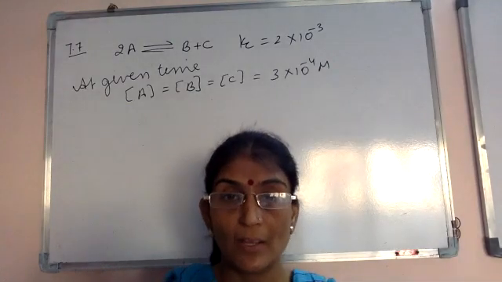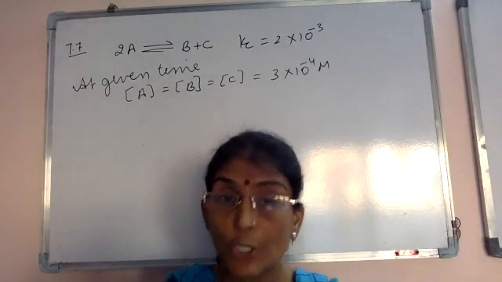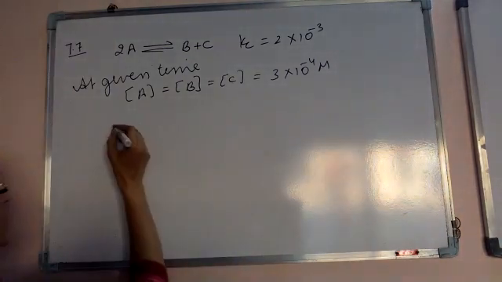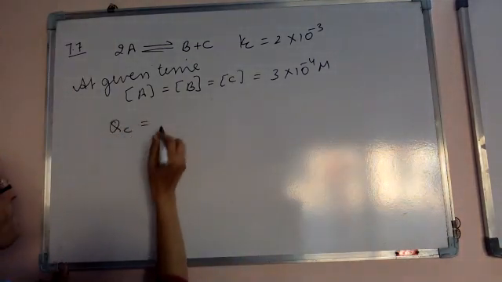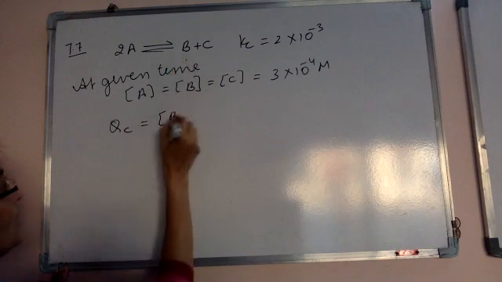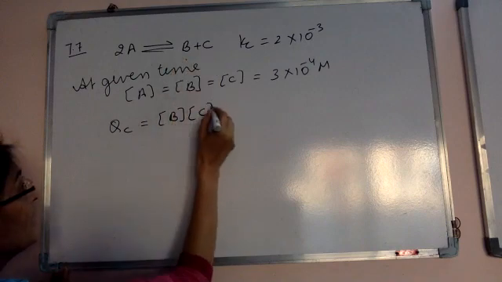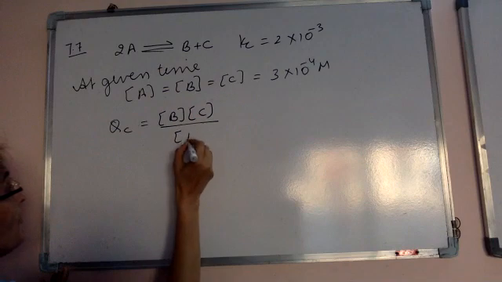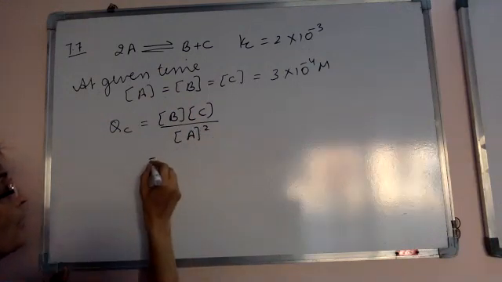KC given है. अपन को क्या फाइंड करना पड़ेगा? QC. What is the formula for finding QC? It's concentration of B, concentration of C upon concentration of A, the square. Put up the values.